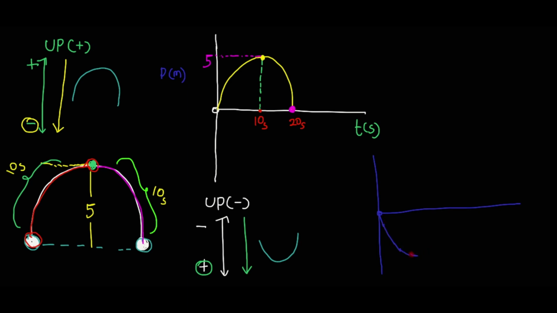So our graph will look something like this, because upward is negative, and this means your downwards is positive.